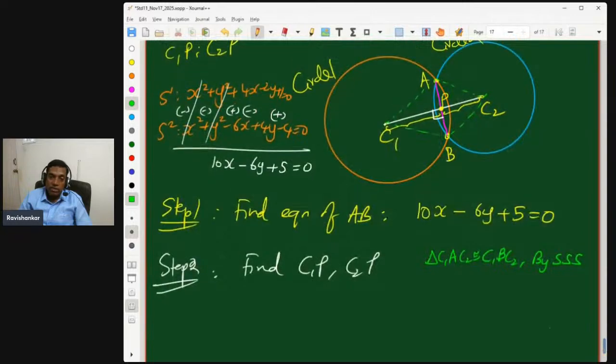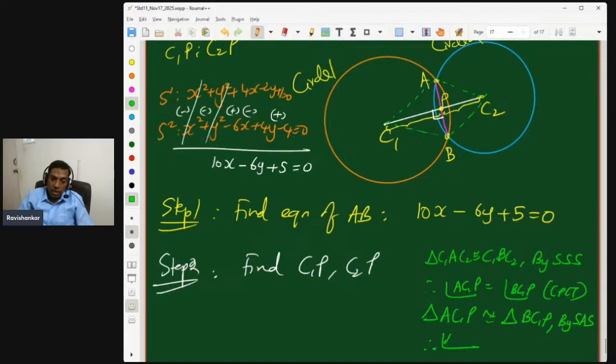C1A and C1B are R1, C2A and C2B are R2. Therefore, angle AC1P is equal to angle BC1P. This is CPCT. Now also triangle AC1P is congruent to triangle BC1P by SAS.